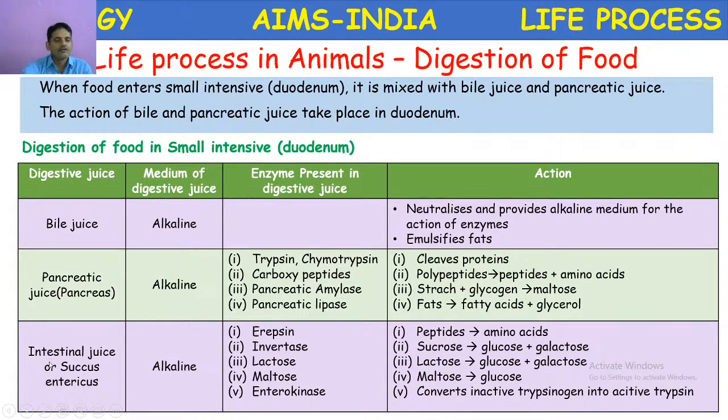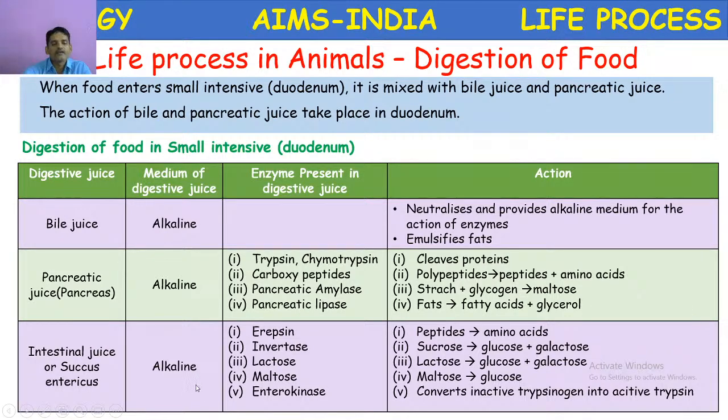Next, digestion in the intestine, by intestinal juice. The intestinal glands produce the digestive juice called intestinal juice. It is also called succus entericus. It is also alkaline in nature because for the action of enzymes, the pH of the medium is very important.